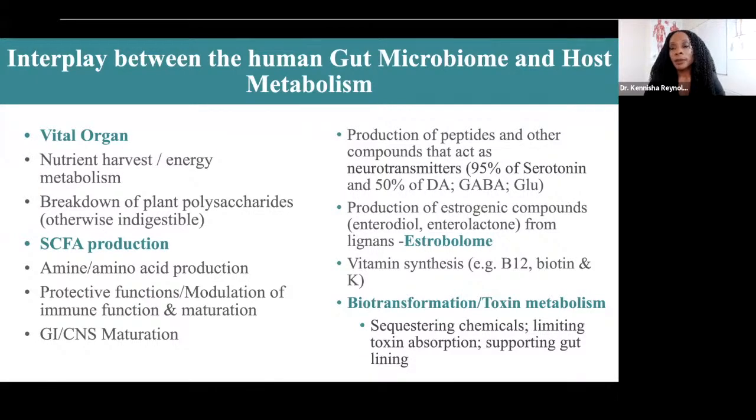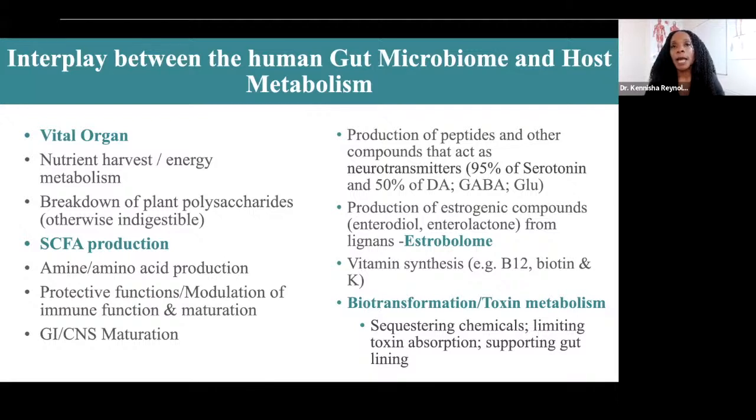The gut microbes can play a role in the production of neuropeptides. 95% of serotonin is produced in the gut, and this is facilitated by gut bacteria. It's important to note that serotonin does not cross the blood-brain barrier, but it does influence the nervous system via the vagus nerve.